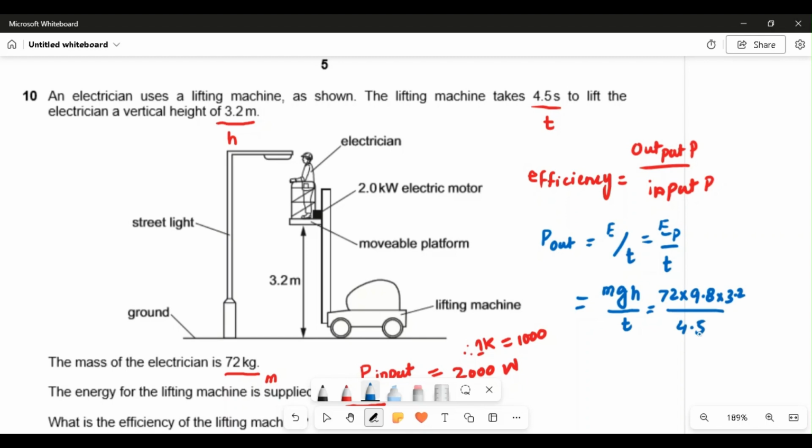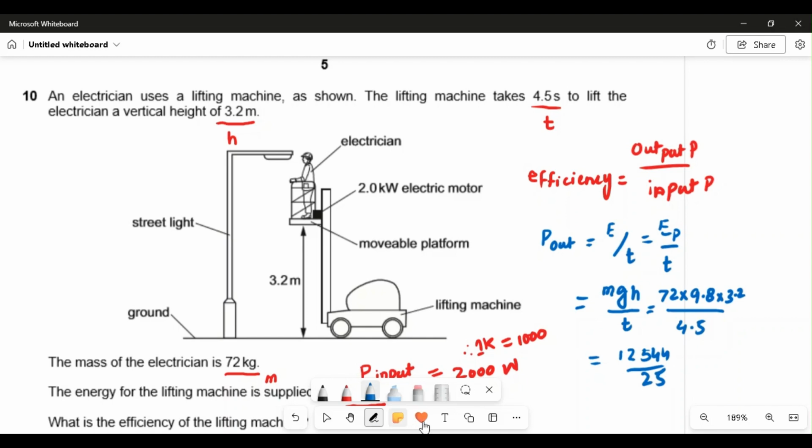When I use this, 72 times 9.8 times 3.2 divided by 4.5, I got 501.76. I will keep it as a fraction, so in fraction it is 12,544 over 25.